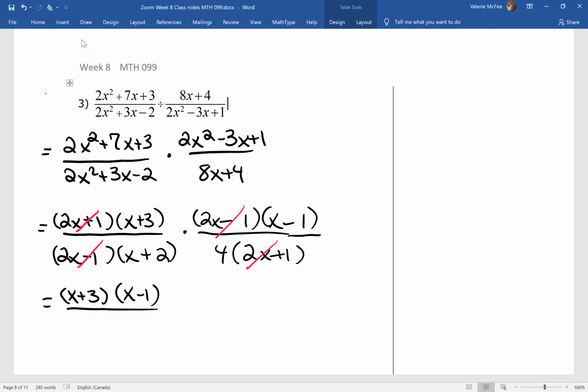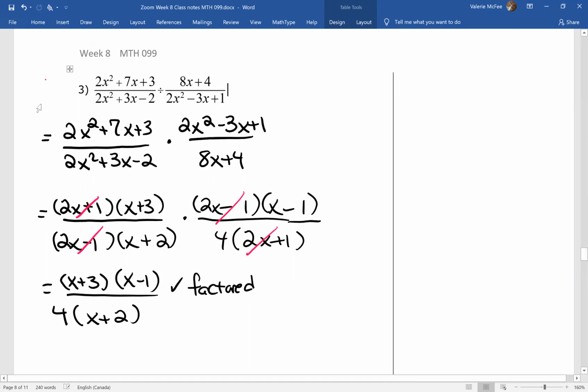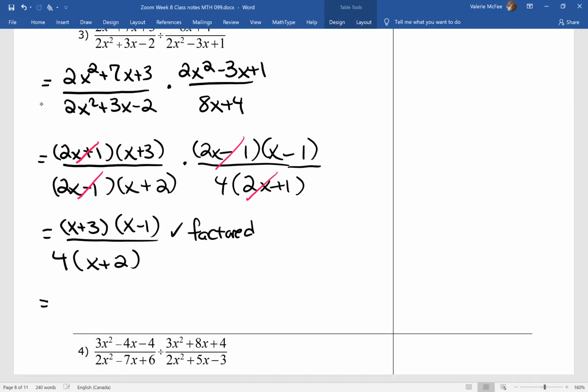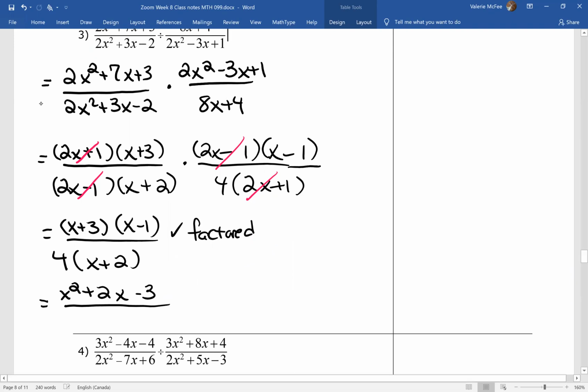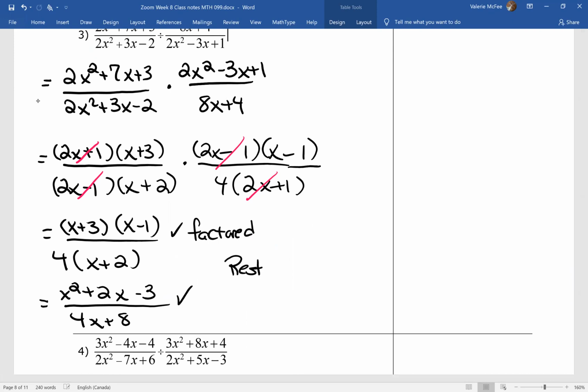In the denominator, 4 times x plus 2. This would be your answer in factored form. If you are not asked for factored form, you need to open the brackets. And you needed to state your restrictions.